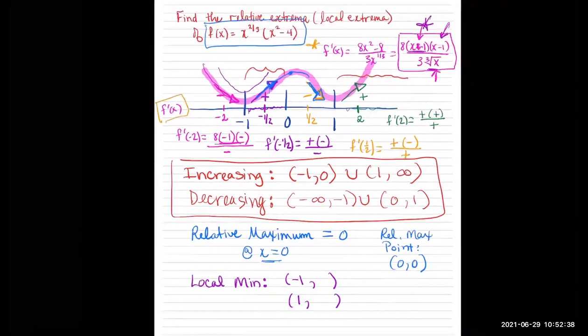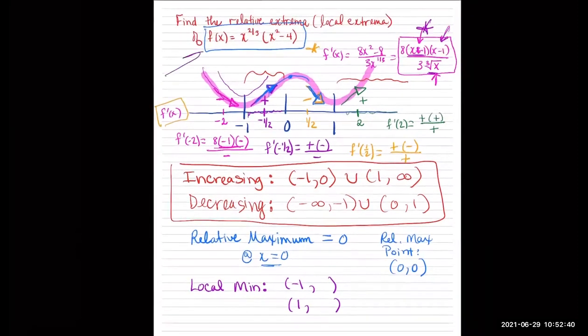To find the y coordinates, I go back to my function. And notice if I plug in -1, I would have the cube root of (-1) squared times (-1) squared minus 4. The cube root of 1 is 1. So I have 1 times -3.